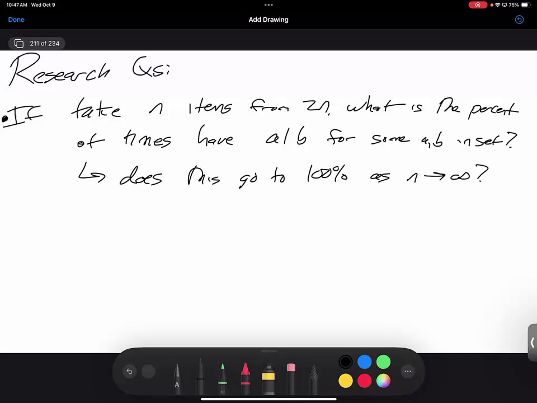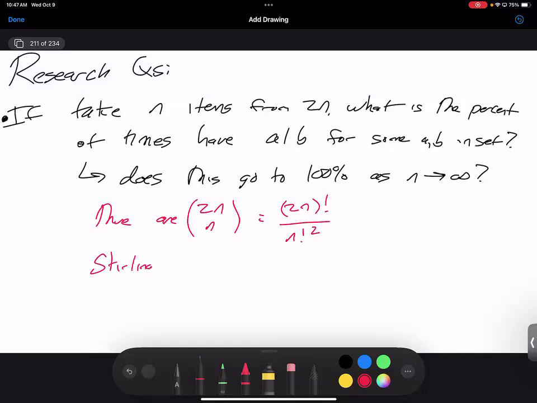Right, but what's the odds of that? So how many sets are there? There are 2n choose n sets. So this is (2n)! over (n!)^2. Do you know Stirling's formula?